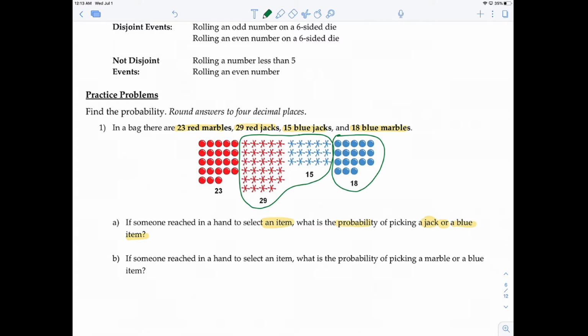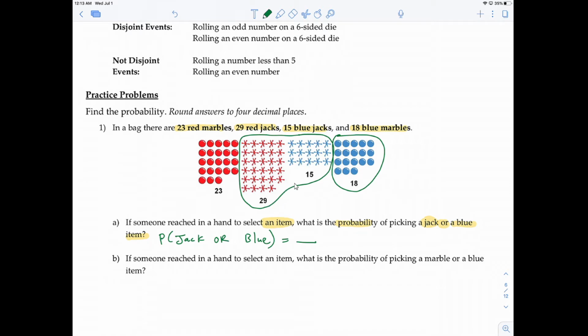We're only going to count these which we've not counted. So the probability of jack or blue, how many different ways can we get a jack or blue? It'd be all the stuff that I circled.